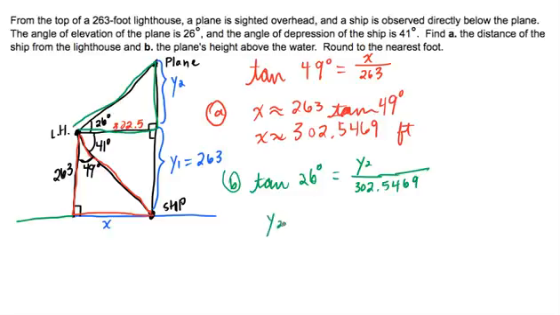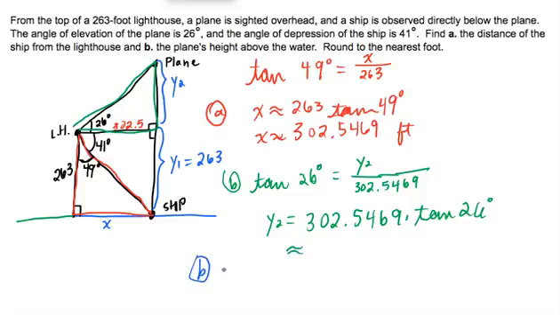So then Y2 is equal to the product, multiply both sides by 302.5469, and then that's times the tangent of 26 degrees. Anyways, you can approximate that in your calculator. I don't really need to do that. And then your answer in part B is going to equal the plane's height above the water, which is the sum. So remember to add 263 to the value of Y2.